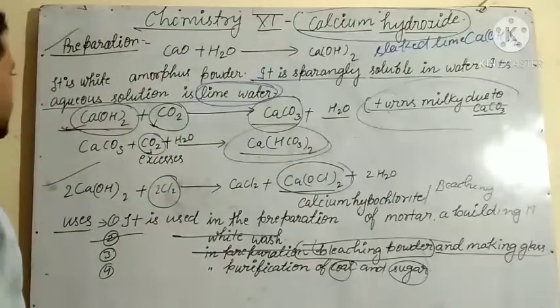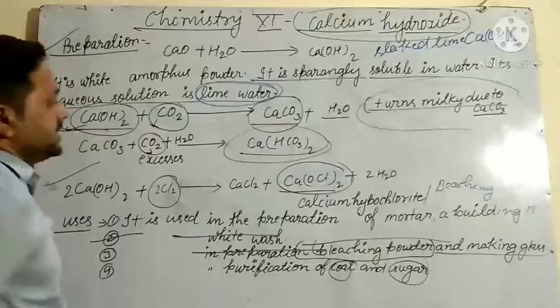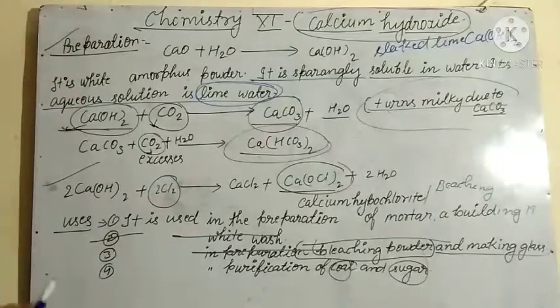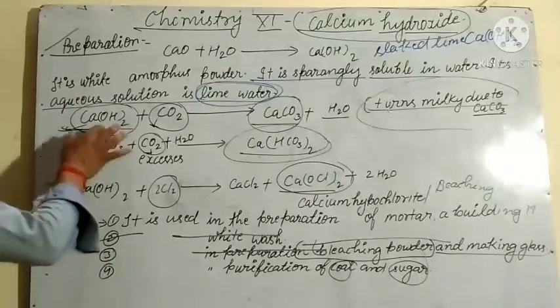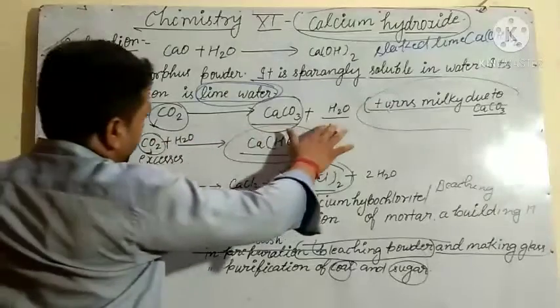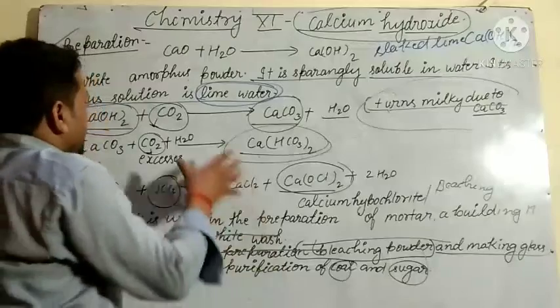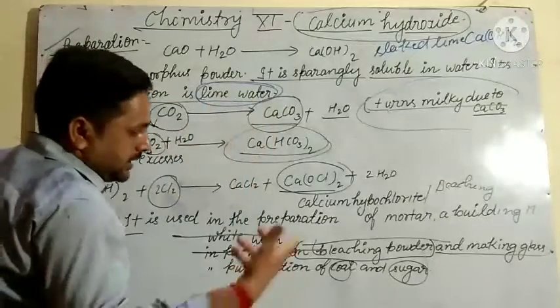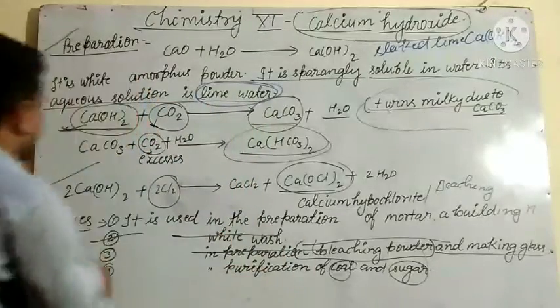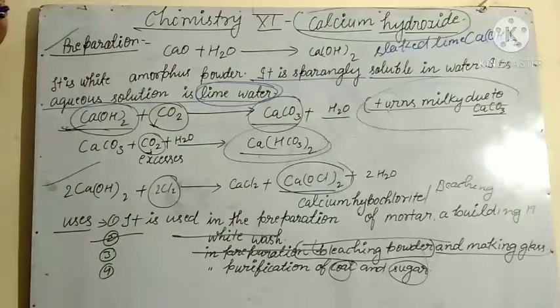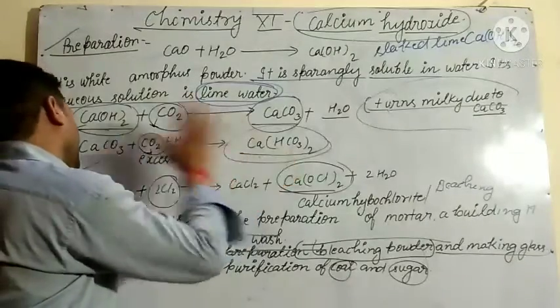When CO2 is passed through calcium hydroxide, it forms calcium carbonate and water, and due to formation of calcium carbonate the solution turns milky. Next, when excess carbon dioxide is passed through calcium carbonate solution, it gives calcium hydrogen carbonate.